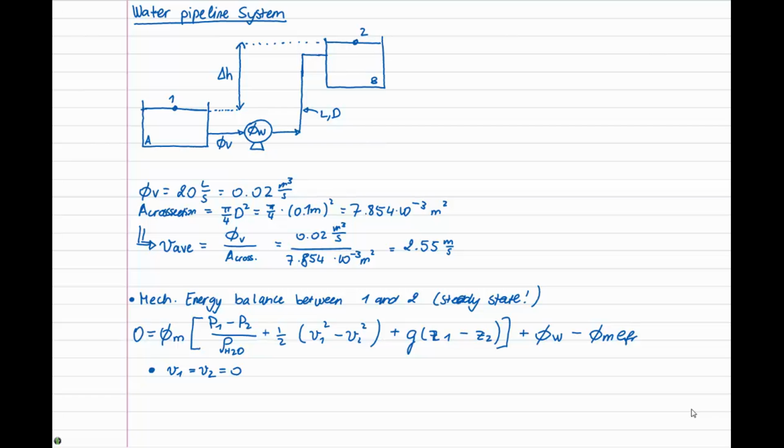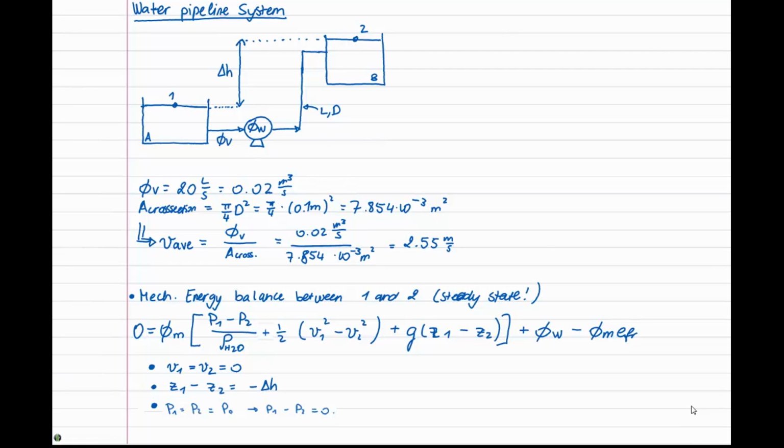At point 1 and 2, the water is not moving, so V1 and V2 will both be 0. Z1 minus Z2 is the same thing as delta H, just the negative. And both vessels are open and thus in direct contact with the atmosphere, so P1 and P2 will both be the same as the atmospheric pressure, and the difference between P1 and P2 will obviously be 0.